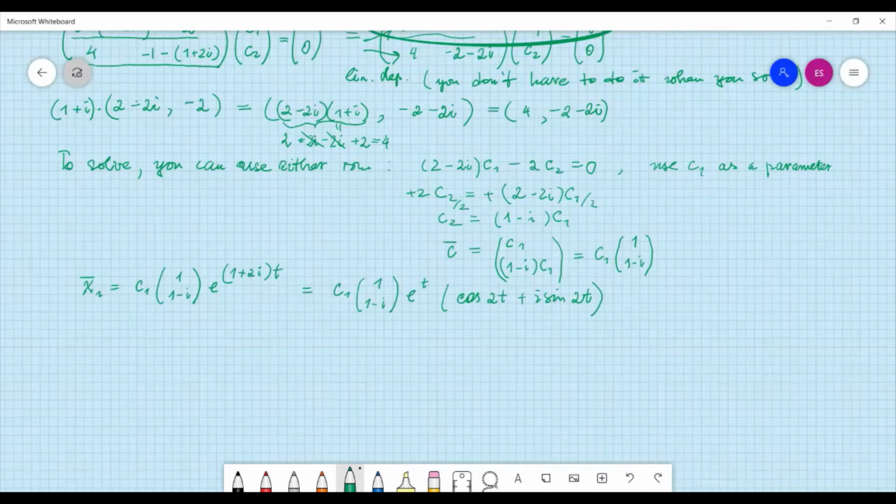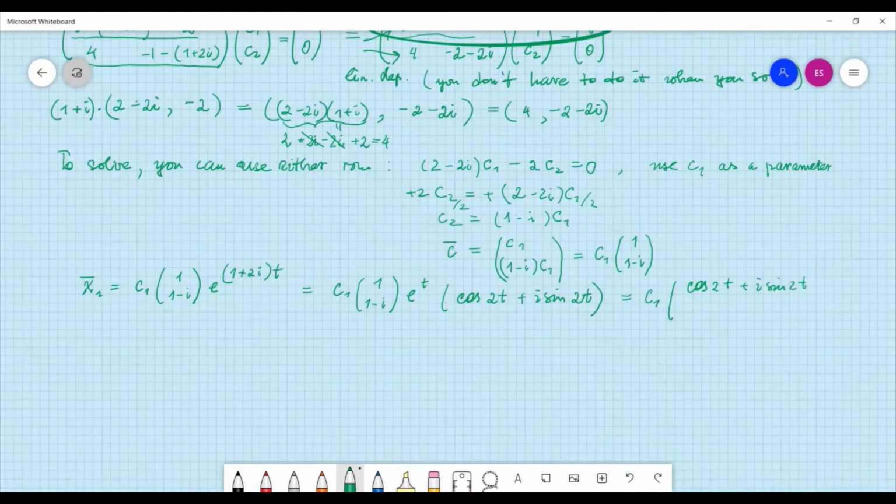If you wish, you can repeat the procedure and do the second solution and then write down my general solution like this. But I'm going to separate the real and imaginary parts and use them as my two independent solutions. So what I'm going to do, guys, is again bring my cosine and sine inside of this expression. So I'm going to keep C1 here, and that's going to give me cosine of 2t plus i sine of 2t, right?